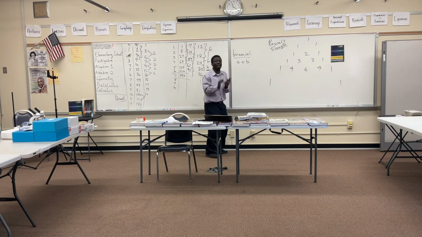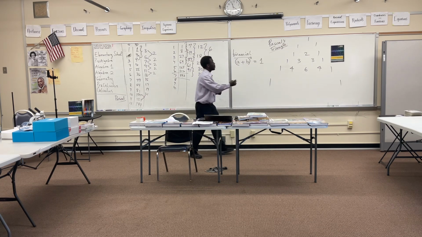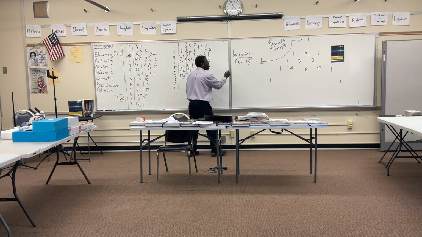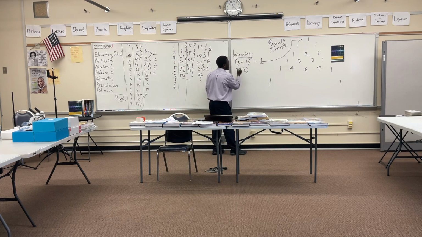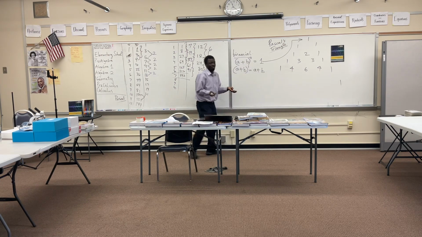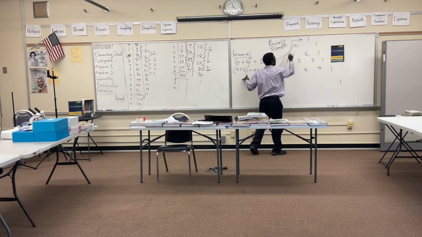In math, if you raise anything to the power 0, the answer is 1, okay? So if I raise A plus B to the 0, the answer is 1, okay? So pay attention to that. Okay, if you raise anything to the power 1, the answer is just that thing to the power 1. I mean, it's the same thing. Pay attention to that.